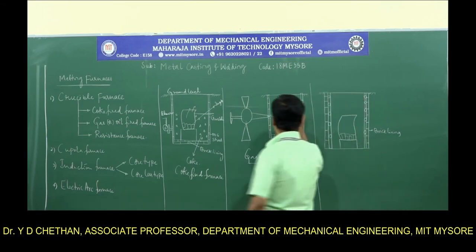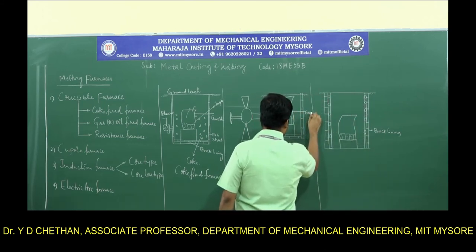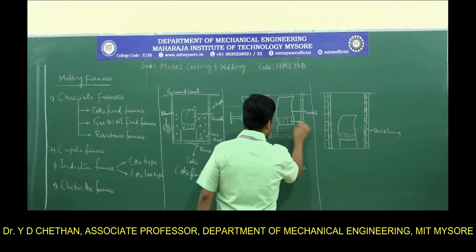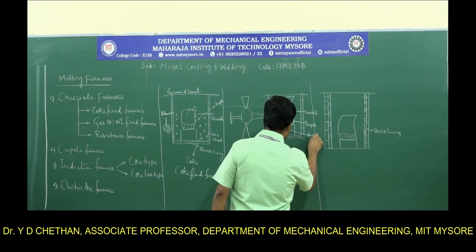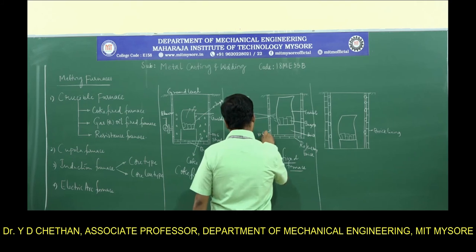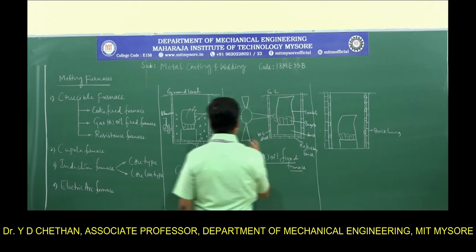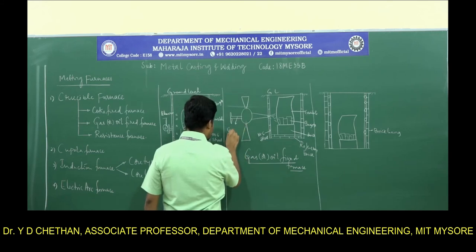Again, this is the crucible, these are the ingots, this is refractory brick, this is the mild steel shell, this is the ground level, and this is the spindle.